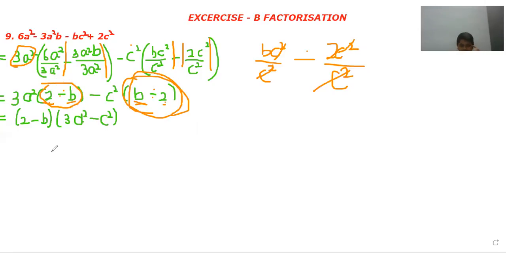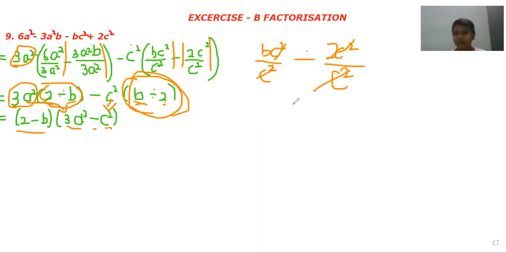Okay, so I took 2 minus b, that's okay with me. Then 3a square minus c square. What I told you before in the previous sum is that we can take the previous common factor as the answer to the next bracket, like this. So this is our correct answer. If you want, you can go and check.